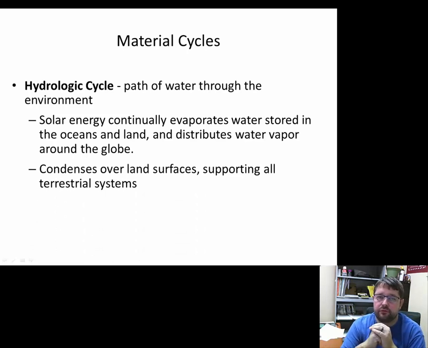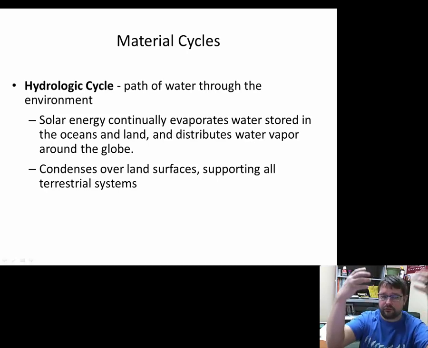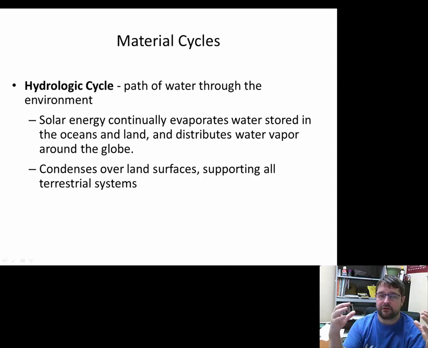So that occurs: the sun, solar energy, evaporates water, and the water condenses. We talked about this from a chemistry point of view. Water droplets are attracted to each other and form polar bonds with each other. So when vapor goes into the atmosphere, it'll condense, because water is attracted to water molecules.